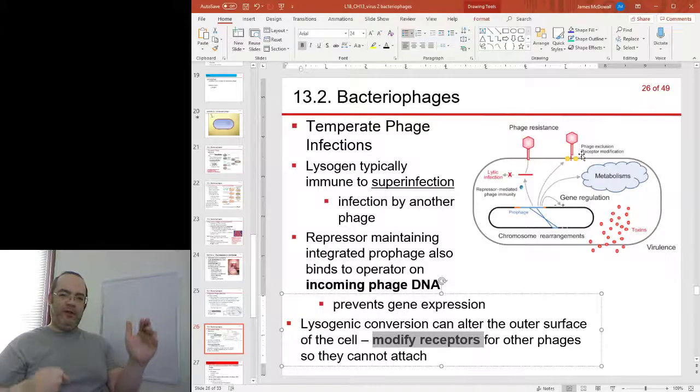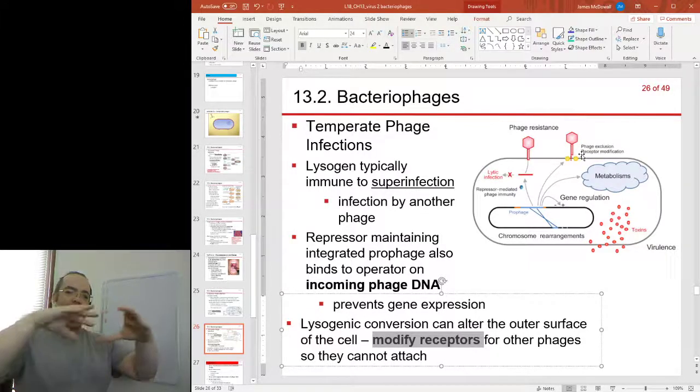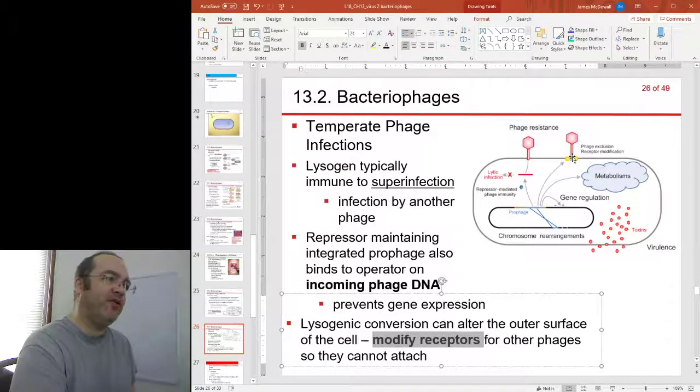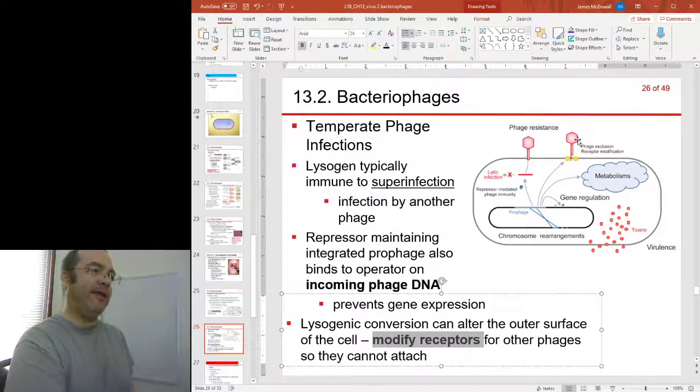And we've seen before that the process of a virus sticking to a receptor is very shape specific. They either do fit or they don't fit. If the prophage changes the shape of the receptors, it means that this incoming virus can't stick. If it can't stick, it can't inject its genome.